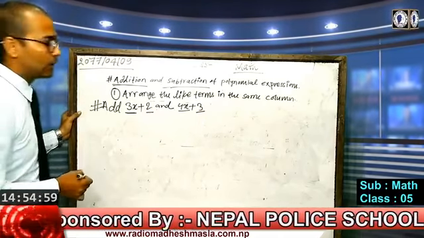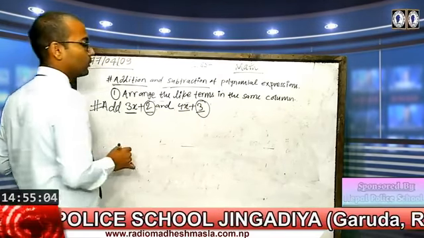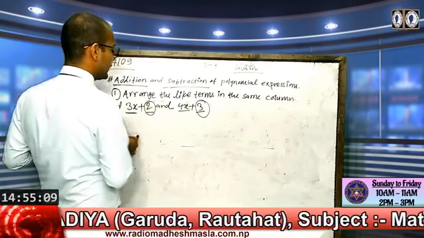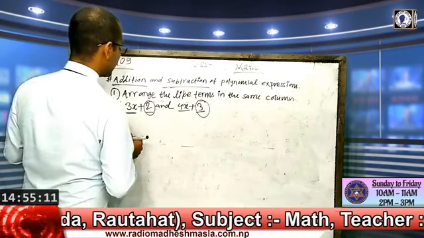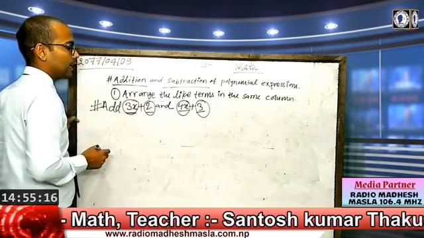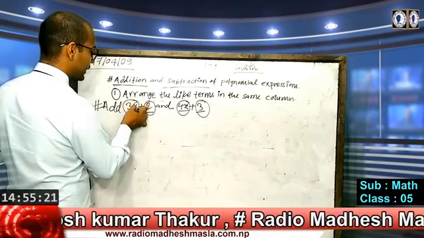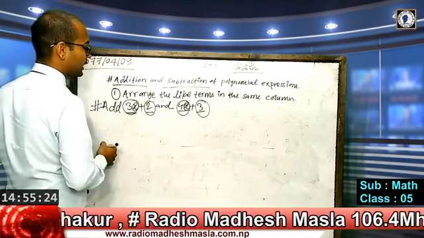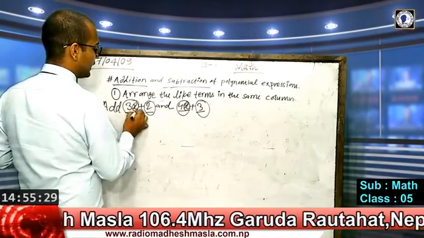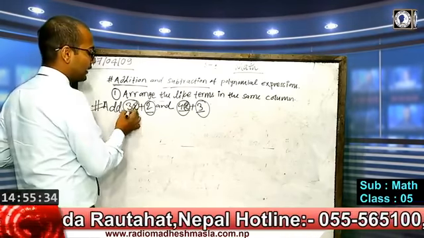Students, don't be confused here. These 2 and 3 are numerical or constant terms. In the same way, 3x and 4x are variable terms, with x in both, so we arrange them in the first column because they are also like terms.